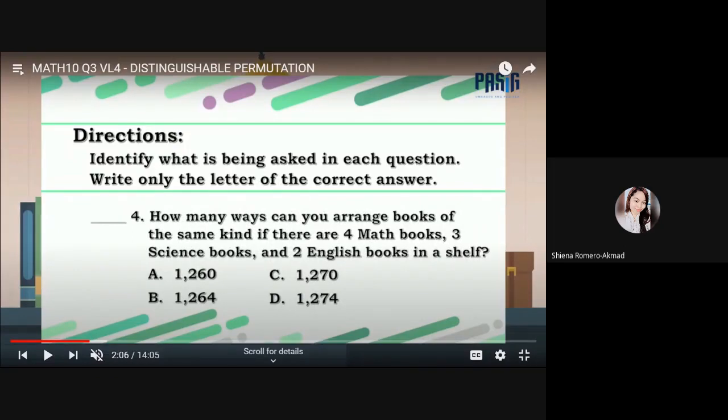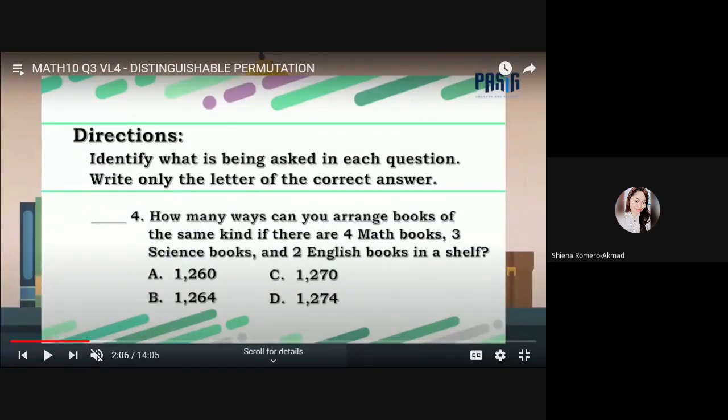For number 4, how many ways can you arrange books of the same kind if there are 4 math books, 3 science books, and 2 English books in a shelf? So, according to the situation, we have to arrange the books, but remember that there are same elements, like for example, the math books, the science books, and the English books.